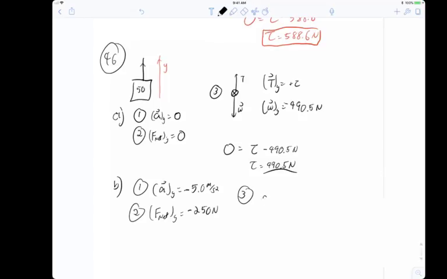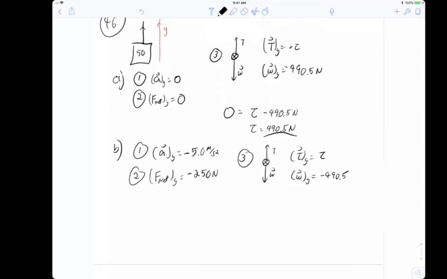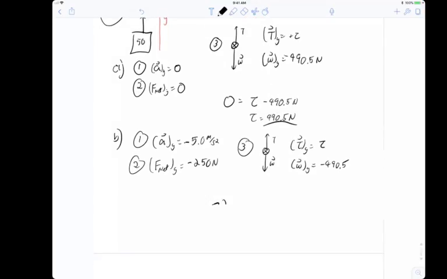Write out the forces. Weight, tension in the y direction. I don't know what so I'll call it tau. Weight in the y direction is 490.5. Now I put it all together. So the tension has to be 240.5 newtons.